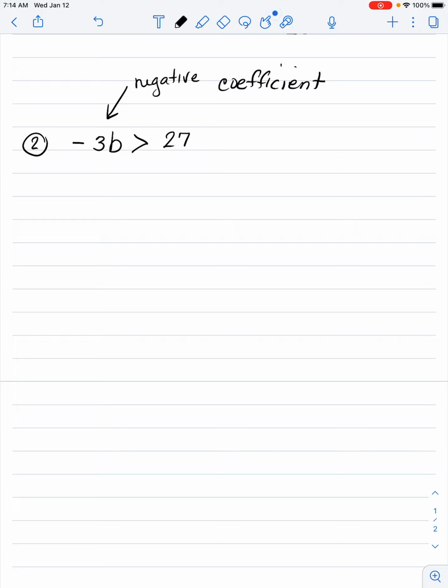So instead of negative 3b is greater than 27, when I divide both sides by negative 3, what's going to happen is this is going to cancel out, and I'm going to flip this.